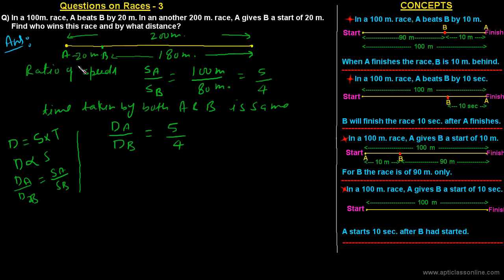So when A has traveled for the second race of 200 meters, how much distance has B traveled?